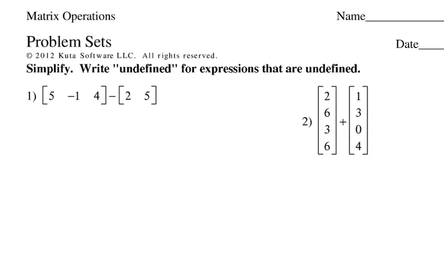All right, numbers 1 and 2 you see here, they say to simplify, and that means to add or subtract as shown. Now the idea is that a matrix has to be added or subtracted to another matrix in the same dimension. Okay, they have to be the exact same size, which is why we have this idea of an undefined expression.